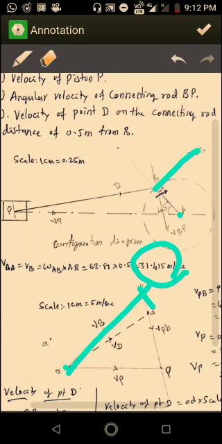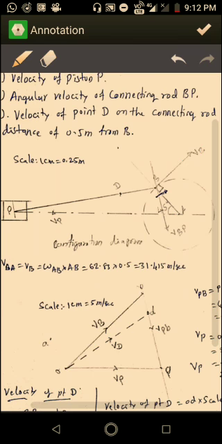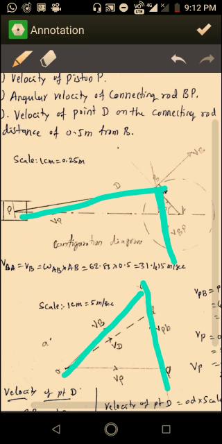Once this velocity of B is known in magnitude and direction, the velocity of B with respect to P is perpendicular to this BP. This is also known, so draw a line parallel to this from this point, but the magnitude is unknown here, only the direction is known.